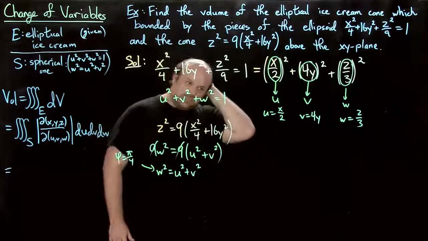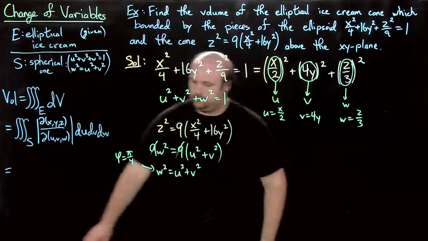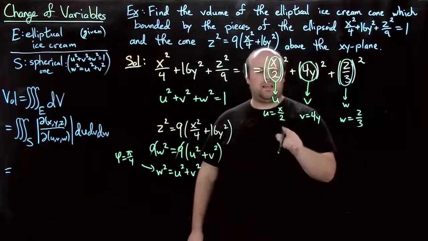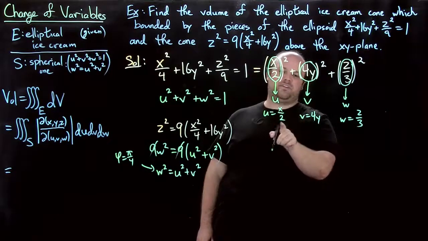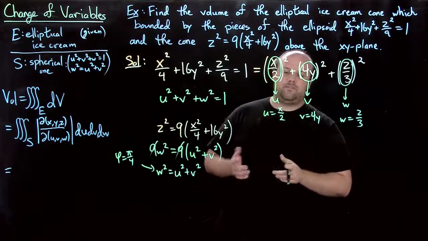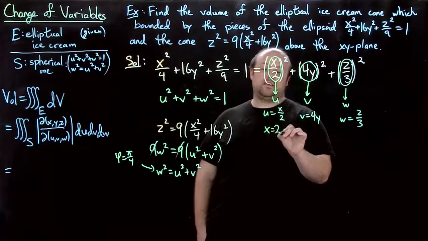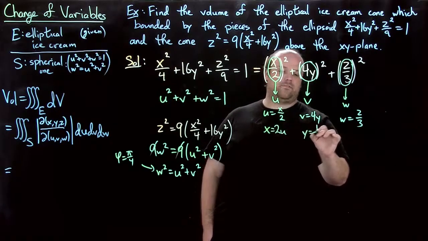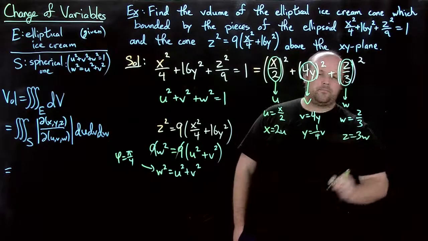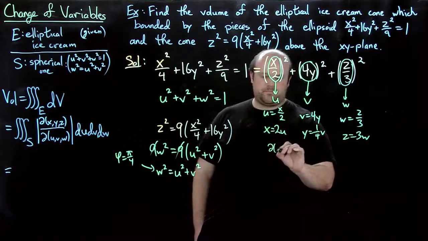So we need to compute this Jacobian. We have our u, v, and w right here, given as functions of x, y, and z. Now we could very easily solve here for x, y, and z, so let's actually do that this time. x is 2u, y is 1/4 v, and z is 3w.